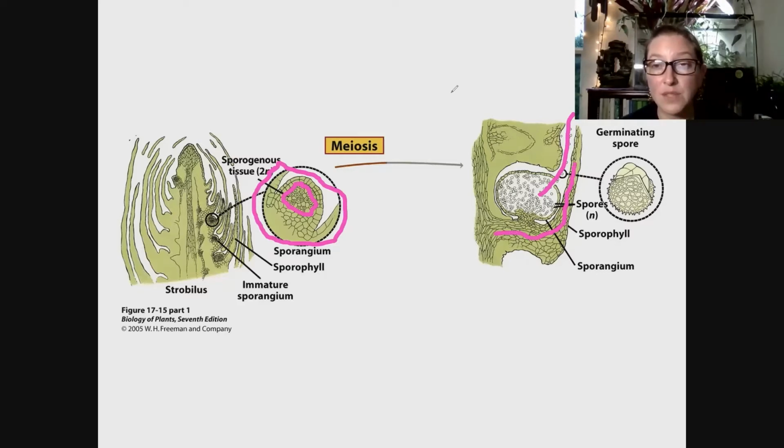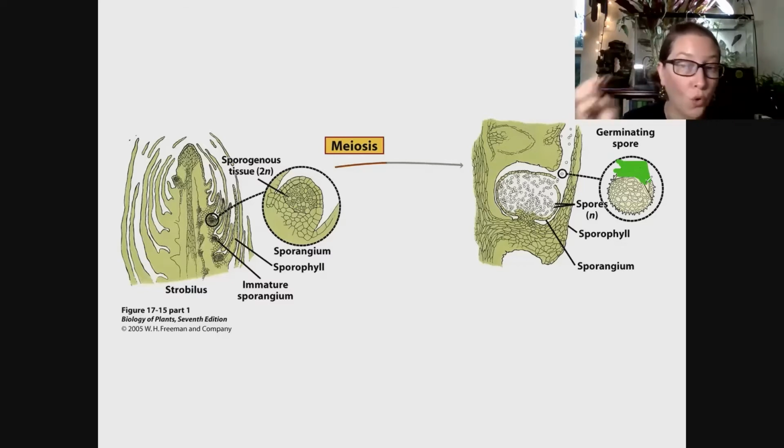But they're going to leave the sporangium to grow into gametophyte plants. So you see there, germinating spore. Notice on the germinating spore, see this here, I'll use green. See this thing coming out? That's the gametophyte plant starting to grow, by mitosis, out of the spore.